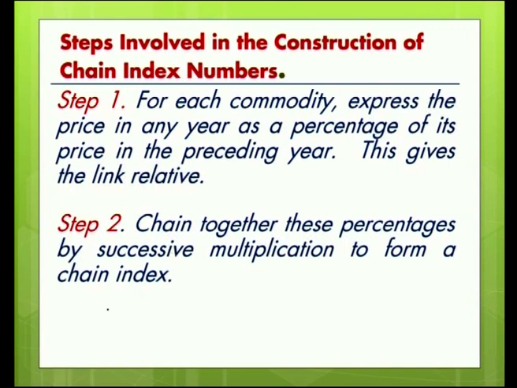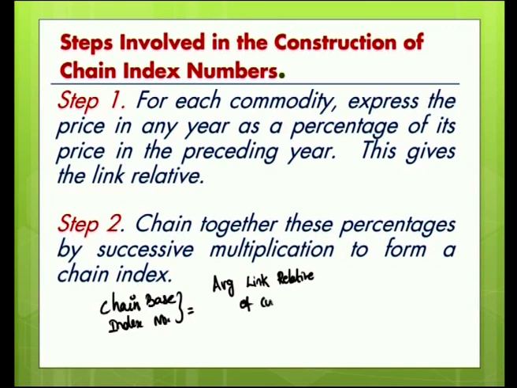So, the chain base index number formula is: average link relative of current year into preceding year chain base index.